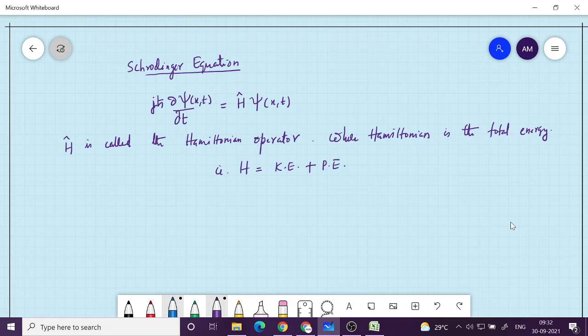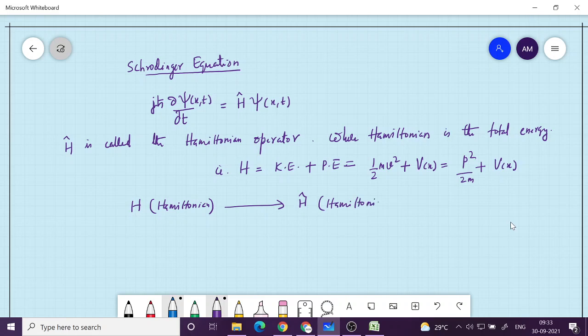Okay. Now in classical mechanics, this is equal to half mv square plus V of x, or you could also write it as p square by 2m plus V of x. Now when you go from classical mechanics, where we have Hamiltonian, to quantum mechanics, you have Hamiltonian operator.